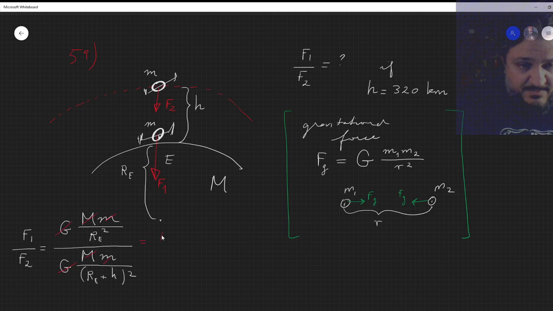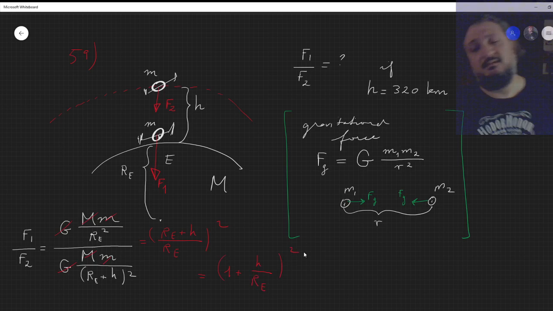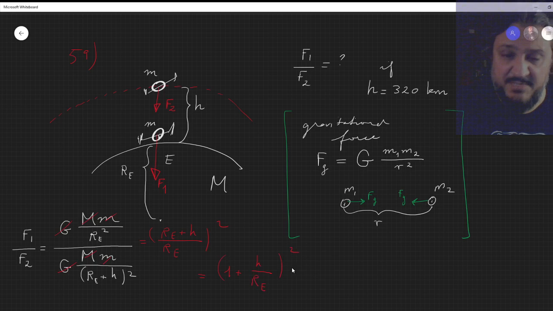So I end up with RE plus h divided by RE, again squared. Right? That's what you get here. Or if you will, 1 plus h over RE, squared. Okay? All I have to do now is plug in the numbers here, take the square, and I'm done.